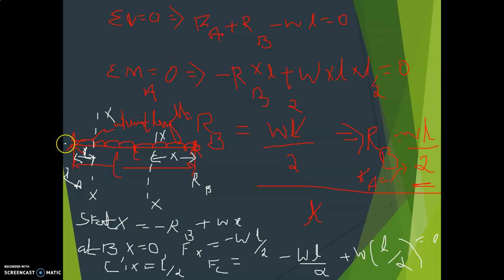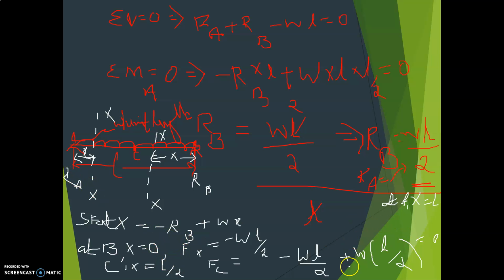Next is at A. You can consider at A, that X is equal to L, correct? Suppose it is at A, what is X? X is equal to L now, full length. Now, what is shear force at A? Substitute here.